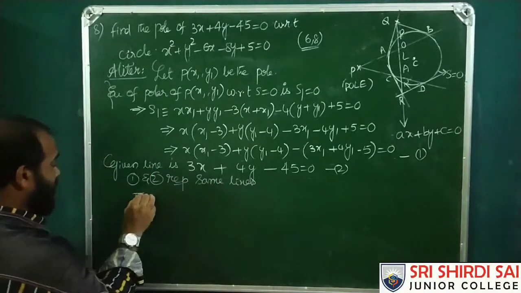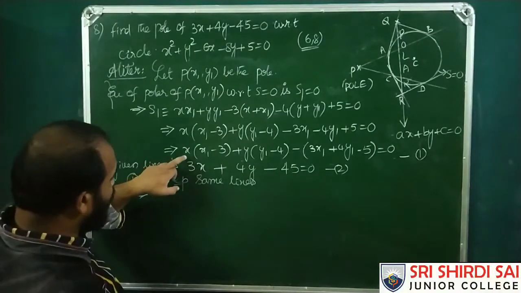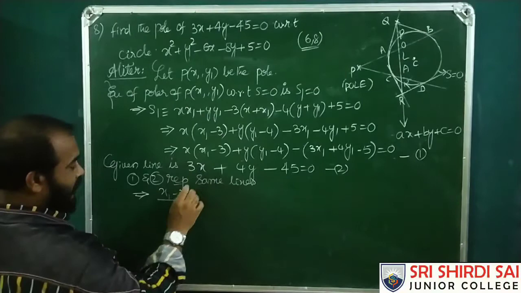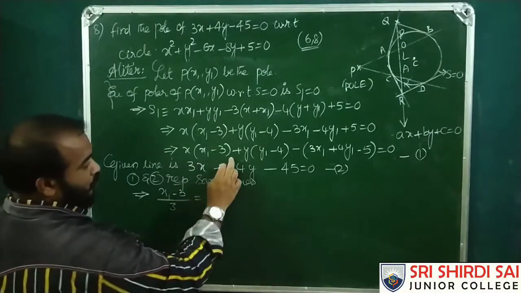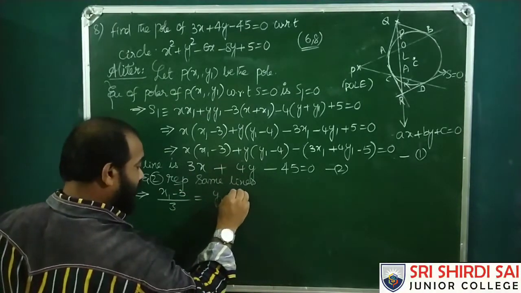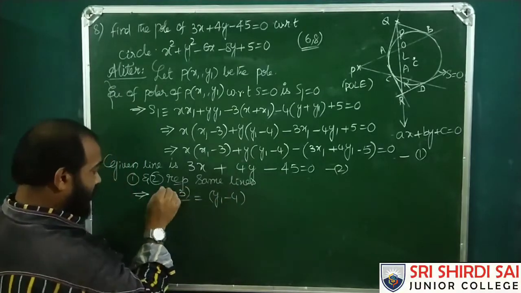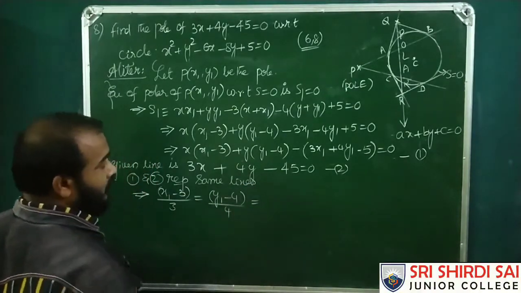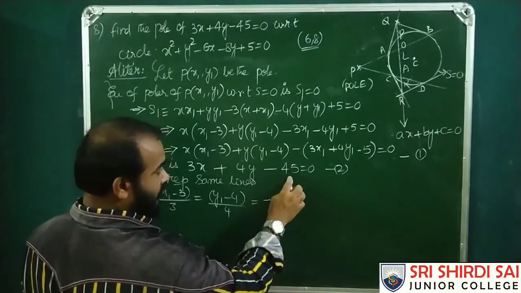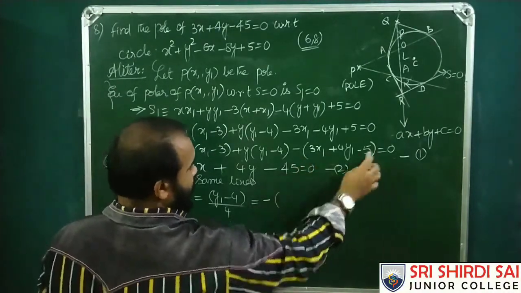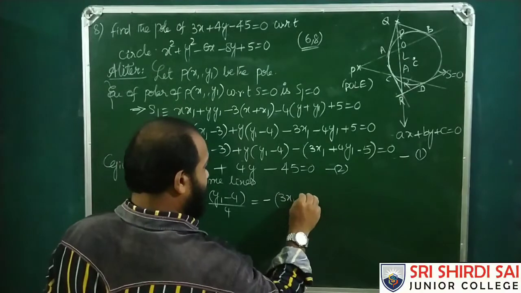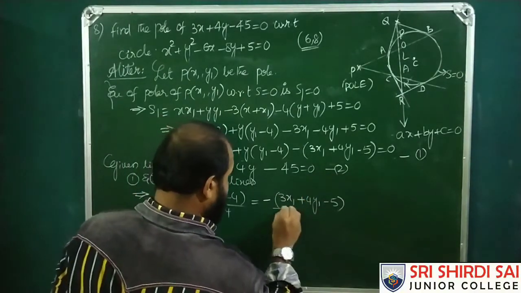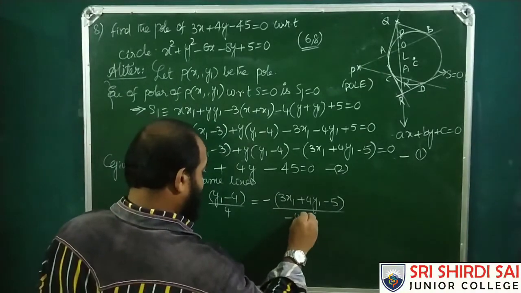That implies the coefficient of x, x1 minus 3 by 3, and the coefficient of y, y1 minus 4 by 4, is equal to minus of, this is constant, 3x1 plus 4y1 minus 5 by minus 45.